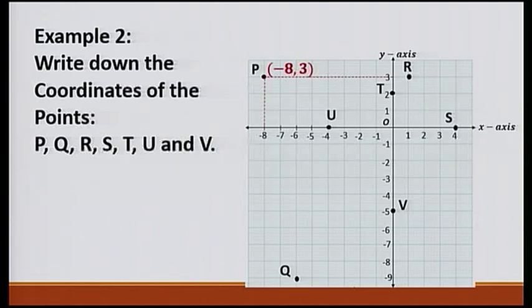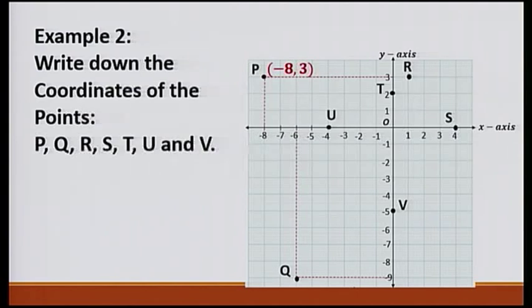Similarly, we are going to do the same for the point Q. We draw a vertical line and you will notice that the x-coordinate is -6. We draw a horizontal line and you will see that the y-coordinate is -9.